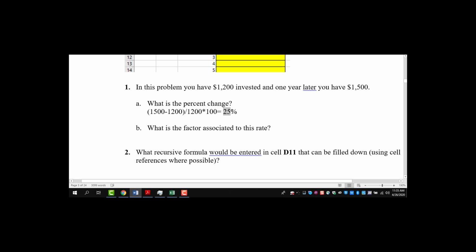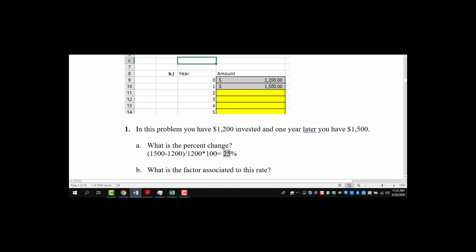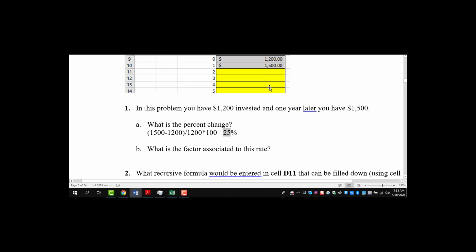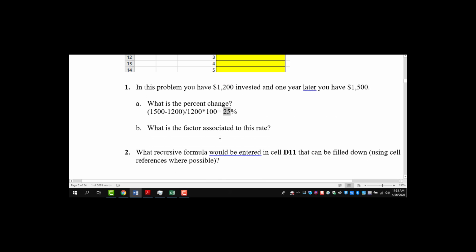Now, what do you multiply 1,200 by in order to get $1,500? And that would be the factor. So that is simply 1, in this case, plus 25 over 100, which is 1.25.